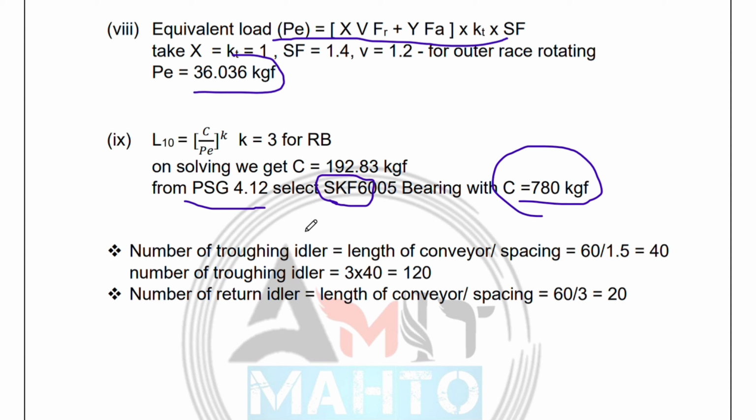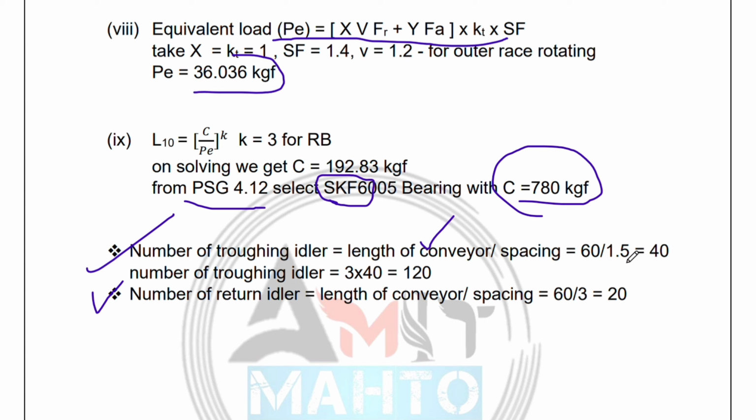Okay, this was the last step, and two remaining dimensions we will find, which is the number of troughing idlers. Number of troughing idlers is equal to length of conveyor upon spacing. The length of conveyor, which is given in the question, is 60, and spacing will be 1.5.